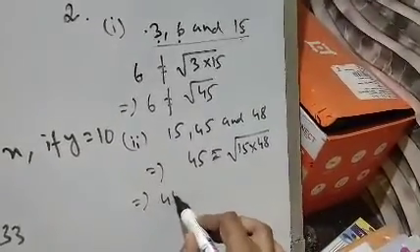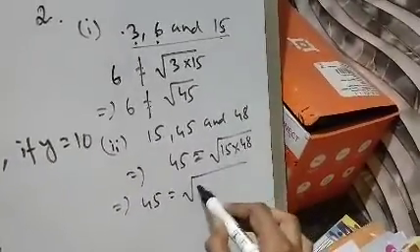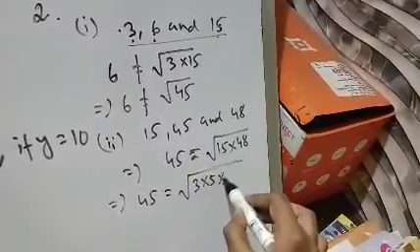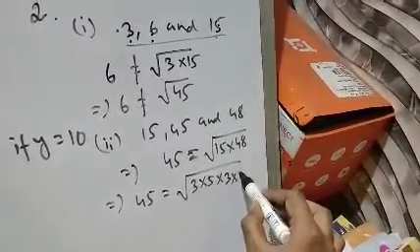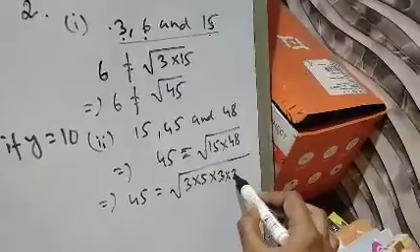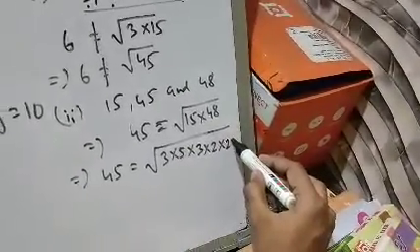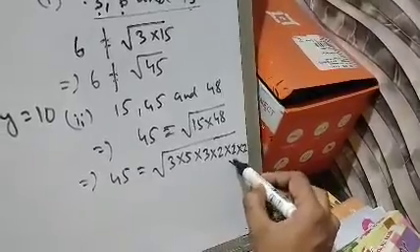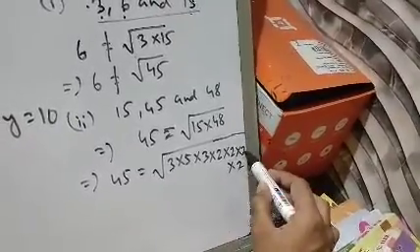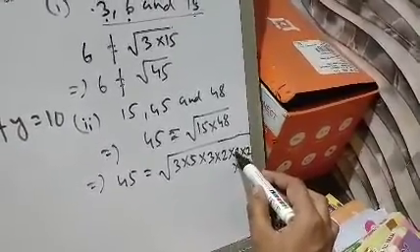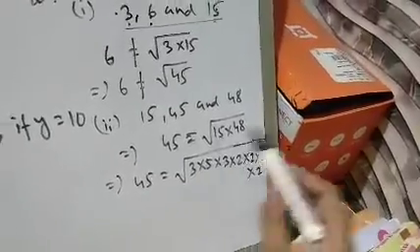Now 15 means 3 into 5, and 48 is 3 2s are 6, 6 2s are 12, 12 2s are 24, 24 2s are 48, that is 2 2s are 4, 4 2s are 8, 8 2s are 16, 16 3s are 48.